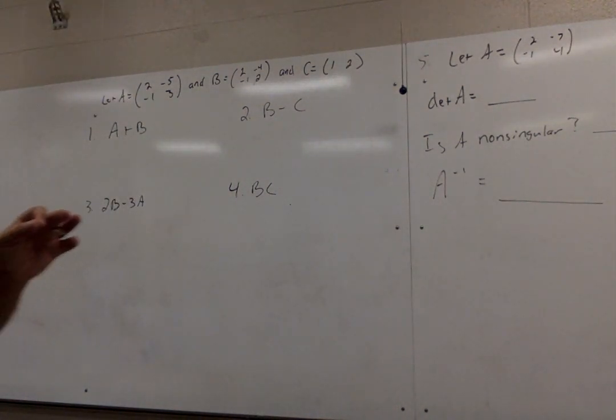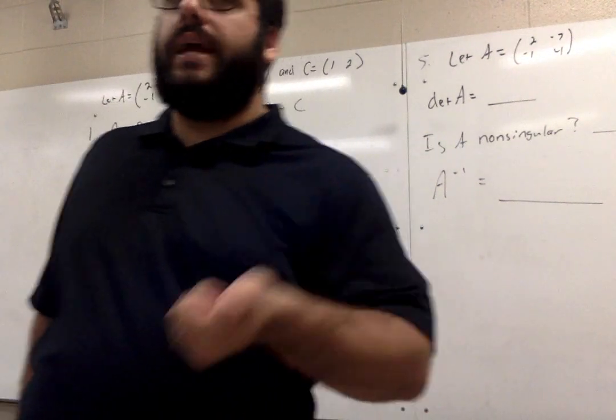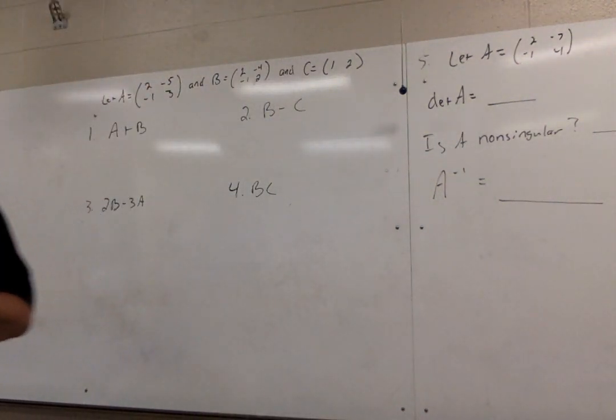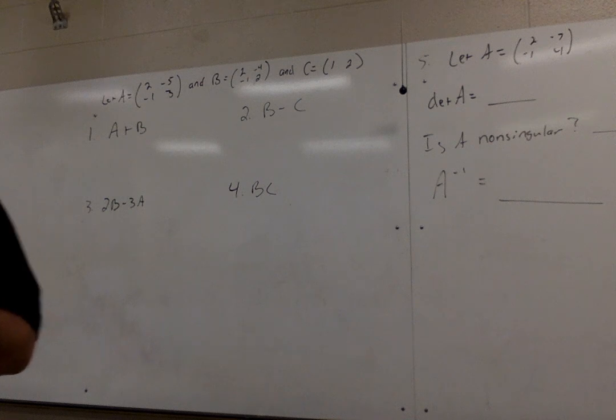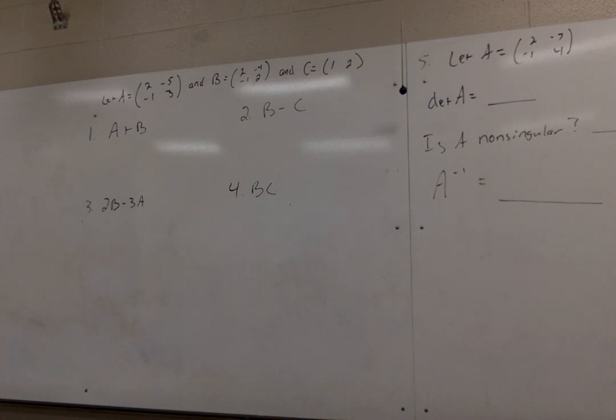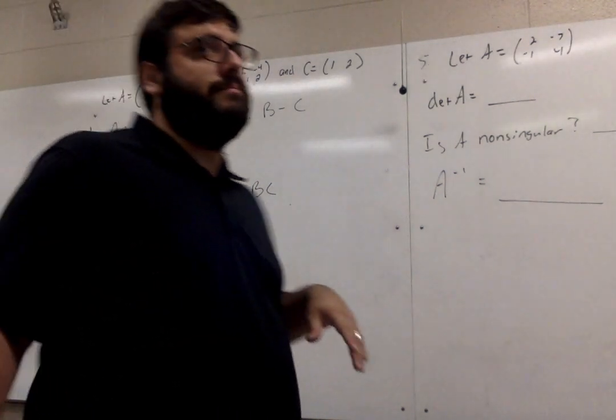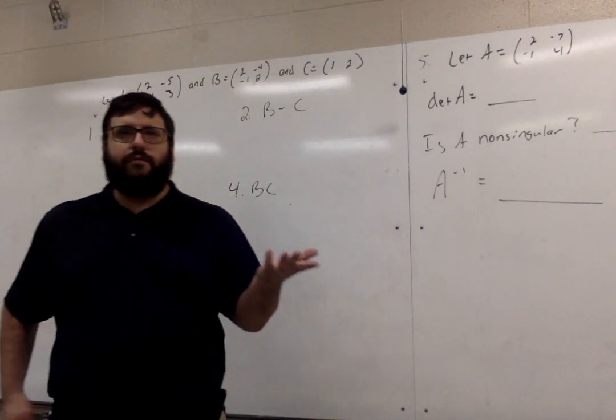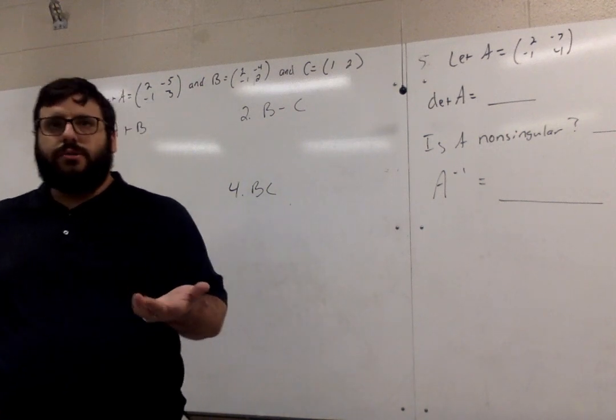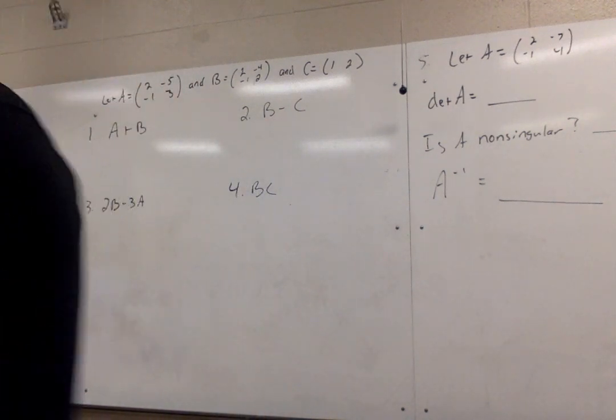The last section will be solving systems of equations using matrices. Throughout this section, you will see both 2x2 matrices and 3x3 matrices. Okay, and I will allow you to use your calculator for this test. Okay, so just to make sure that we're clear on that.